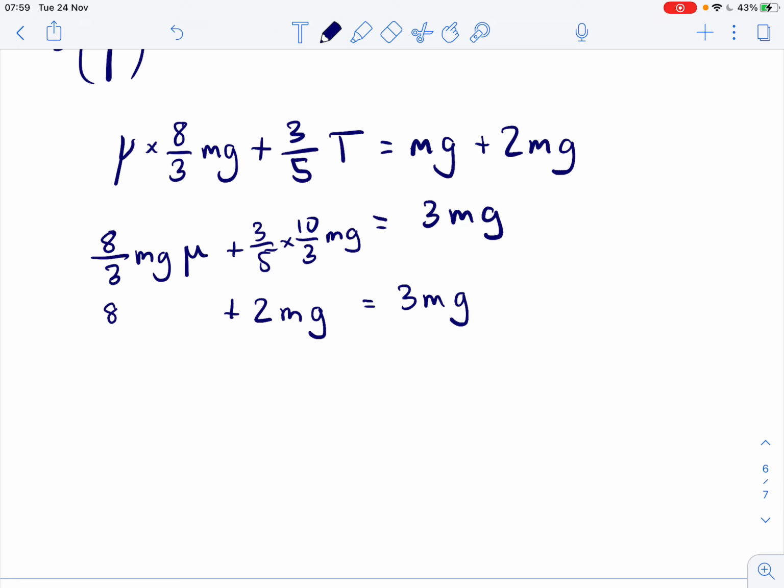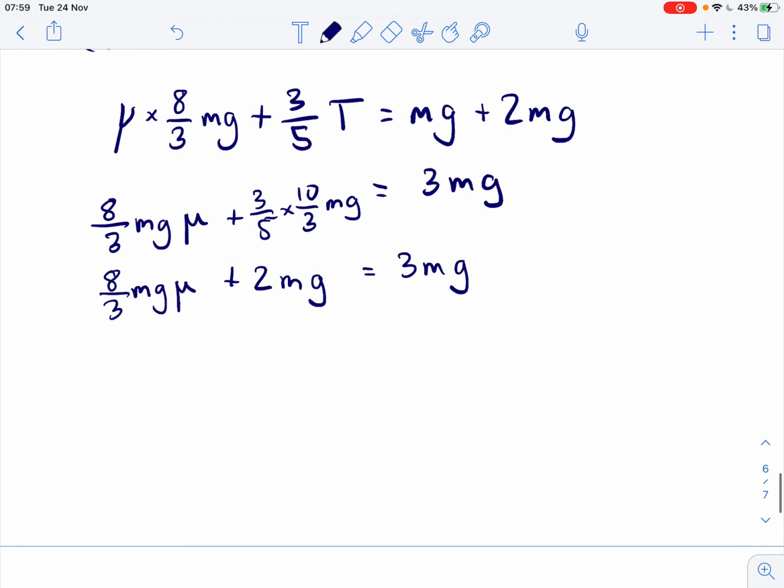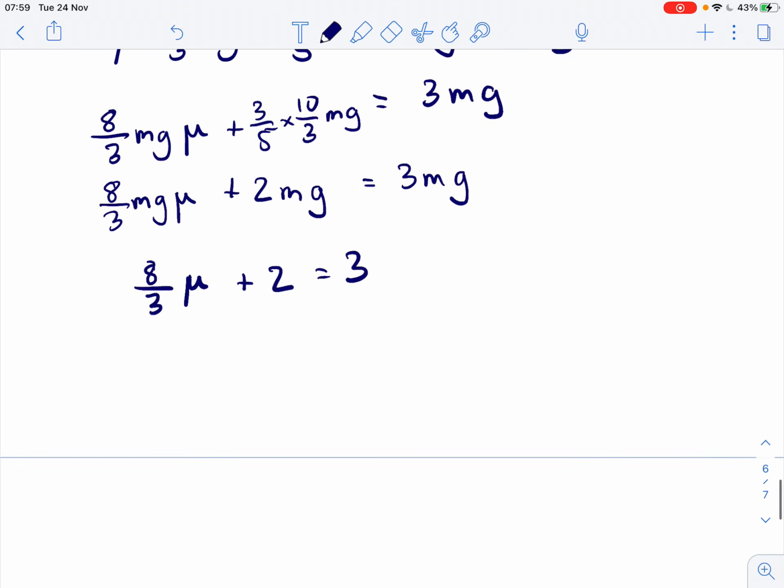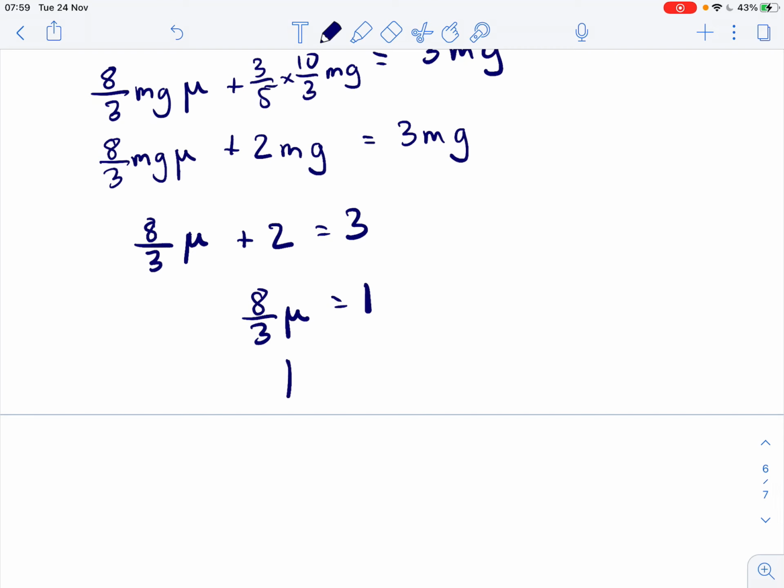So actually, we have mg in everything, so I could just say 8 over 3 mu plus 2 equals 3, or just 8 over 3 mu equals 1, and therefore mu comes out to be 3 over 8.